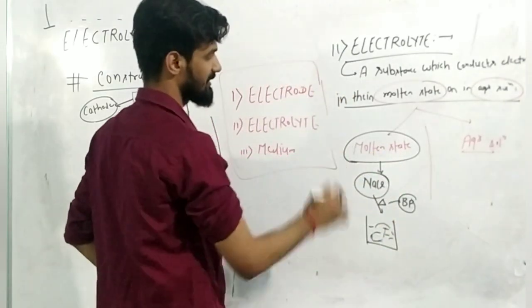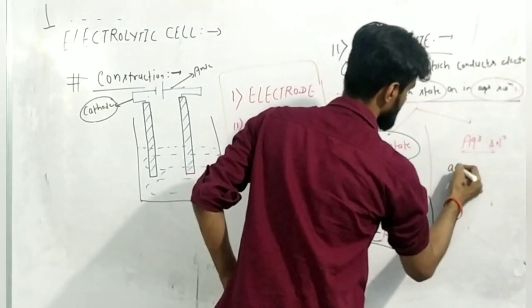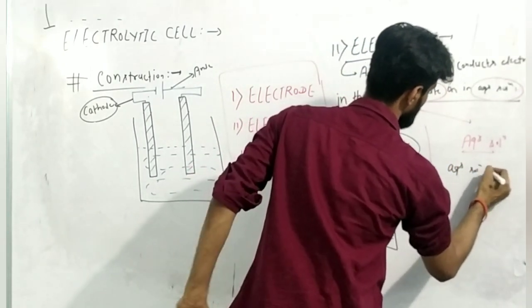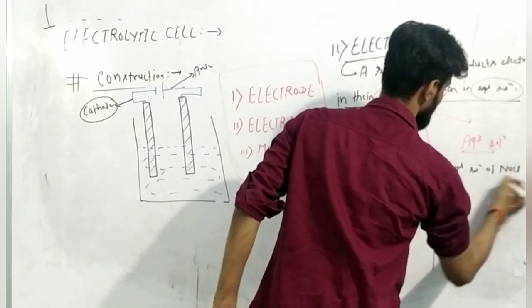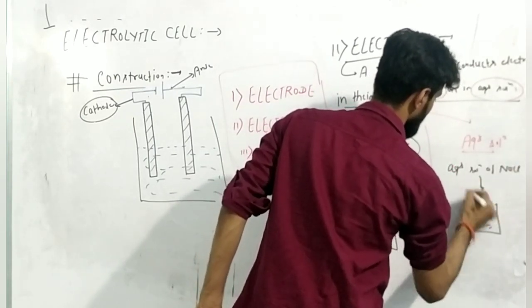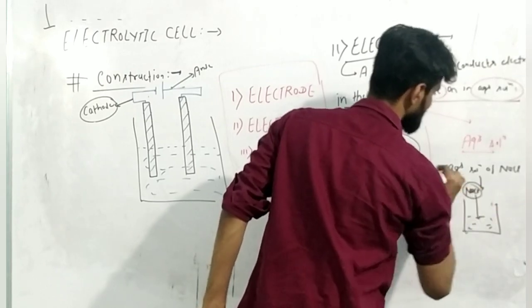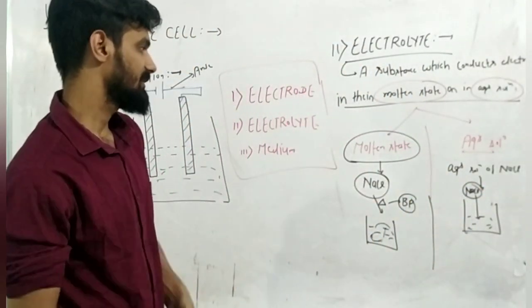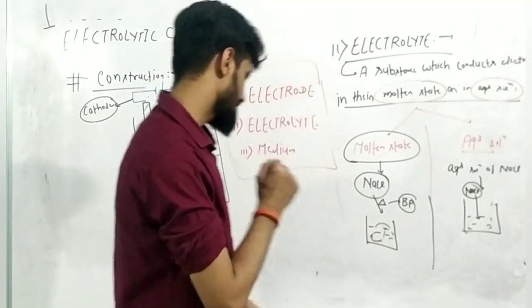So this was the one part. Now, if you are going to prepare an aqueous solution of NaCl, then how will you prepare it? You have to take water as a solvent, and you put NaCl in it. Okay, so in this way you can prepare the NaCl aqueous solution.